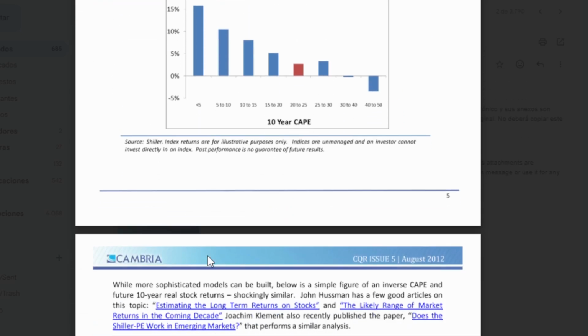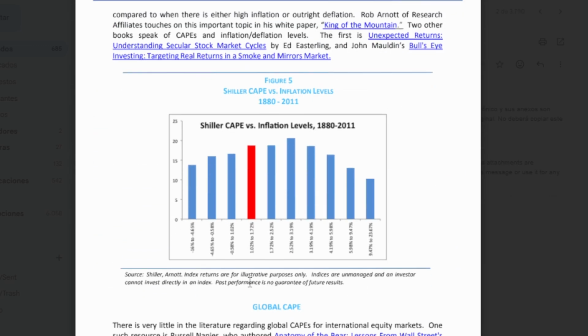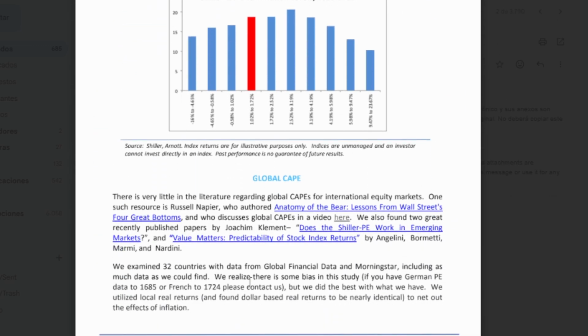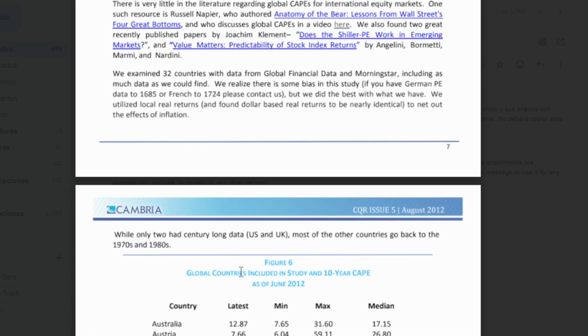Of course, the paper will also show you whether stocks look cheap or expensive depending on where the cyclical adjusted price to earnings ratio is, which is the same as we've seen before, and then it studies the same thing considering different countries.